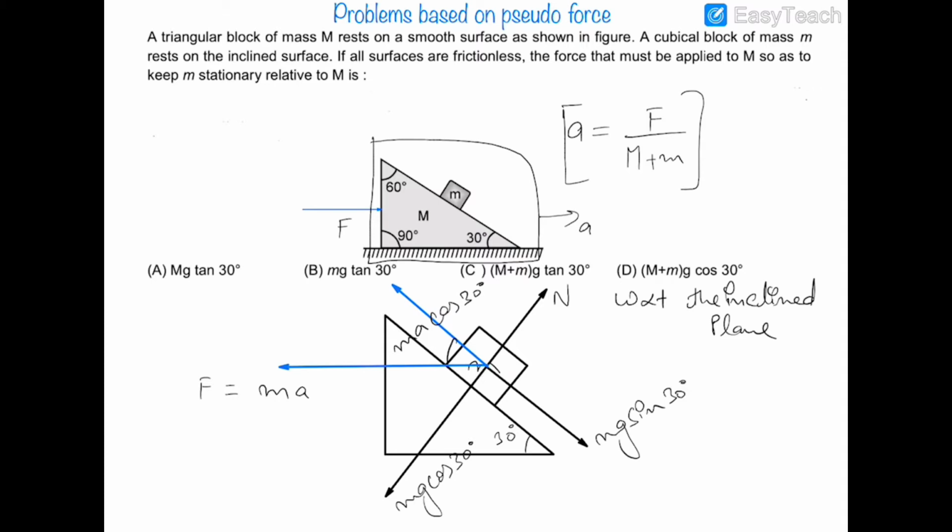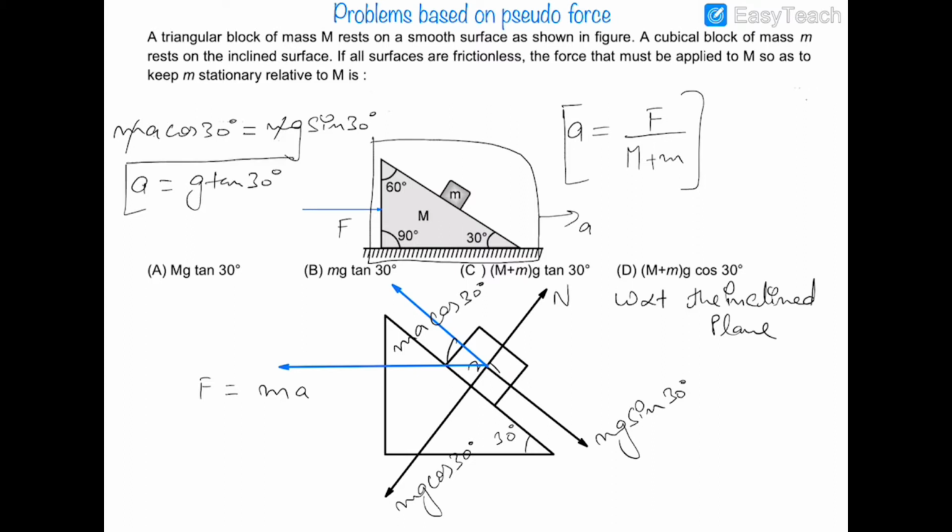So this ma cos 30 will be balancing mg sin 30. So ma cos 30 will be equal to mg sin 30 if this block is not sliding down the inclined plane, and a will be equal to g tan 30.